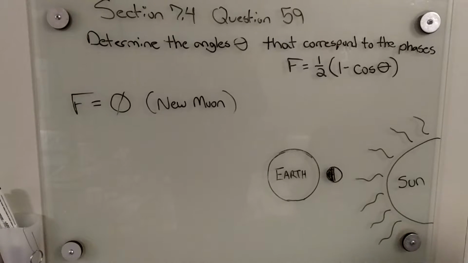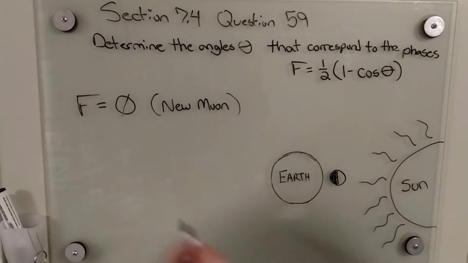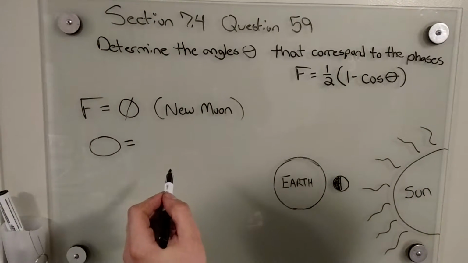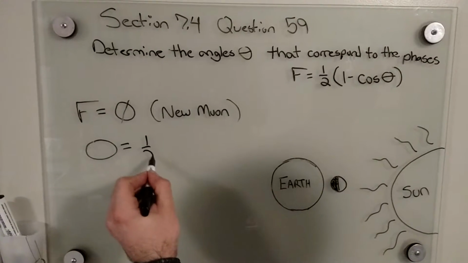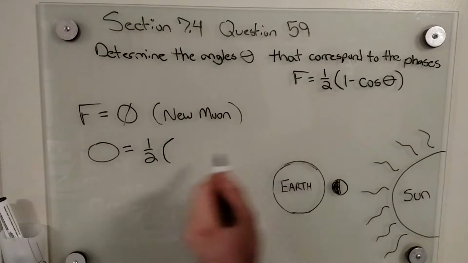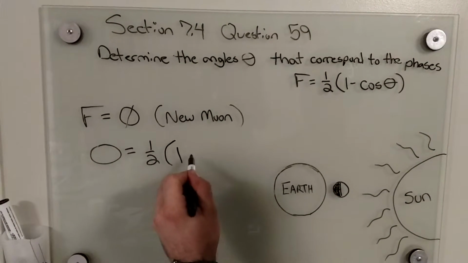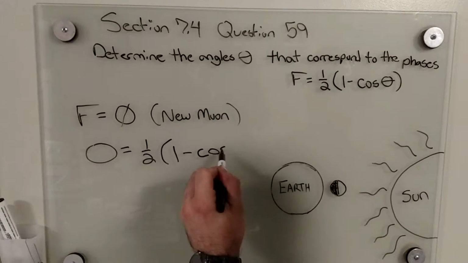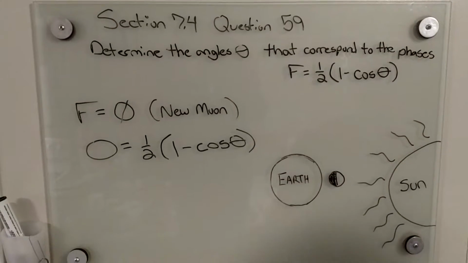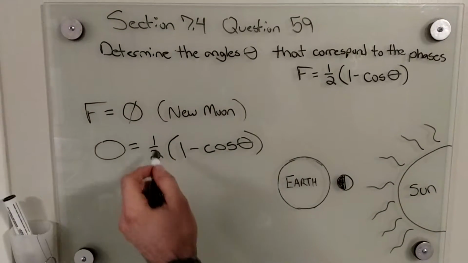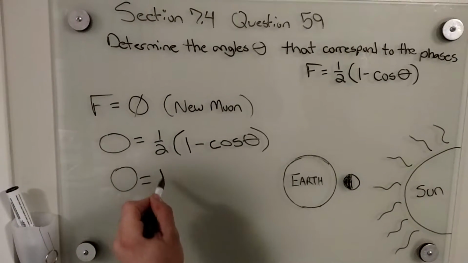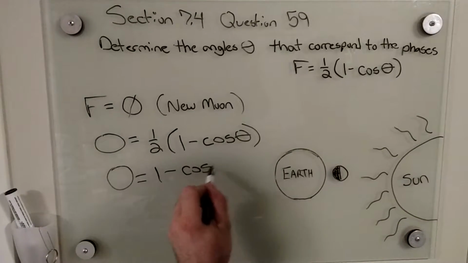So when f equals 0, we'll actually work out the problem. And here's the equation up here that I'm working off of. It's right in the book though. Okay, so where we have the 1/2, we just multiply both sides by 2. And obviously this side's still 0. So we have 1 minus cosine theta.